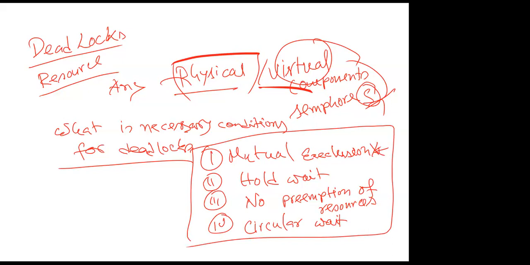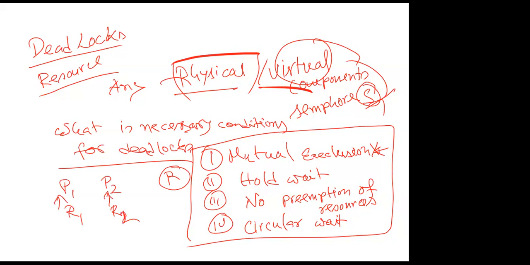Let's say you have two processes, P1 and P2, and each process needs two resources, numbered R1 and R2. Say process P1 has already occupied resource R1, and process P2 has already occupied resource R2.